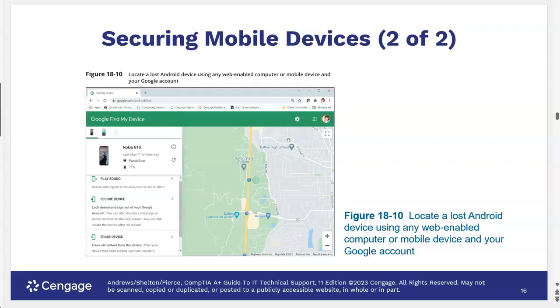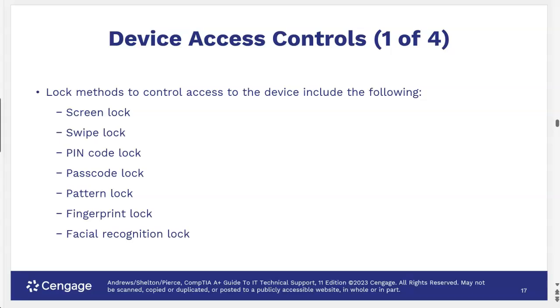It's kind of interesting: you can go into your Google account and see right where your phone is. Yeah, I tried that out. You should try that out too. As far as I know, both of them have the same thing. You can make it play a sound, secure the device, erase the device, for both Android and iOS. If you don't know about it, it's a good time to take a look at it. In fact, I'm going to add an assignment to this week for that because I think that's cool.